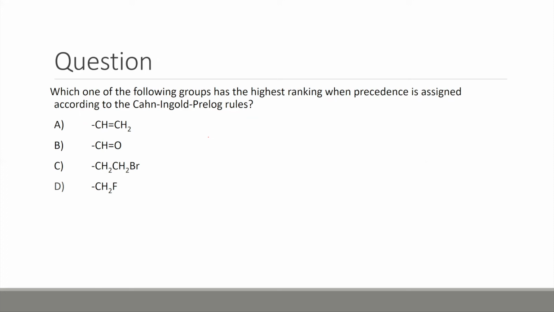So if I was to look along these groups, I'm going to start with each of the carbons on the group. So in A, this carbon is attached to a hydrogen directly, and it has a double bond, so we call that being attached to 2 carbons.